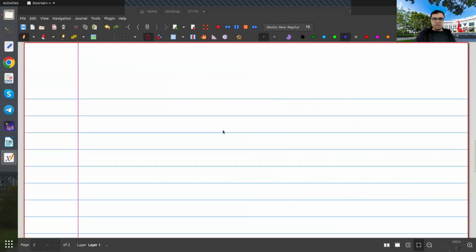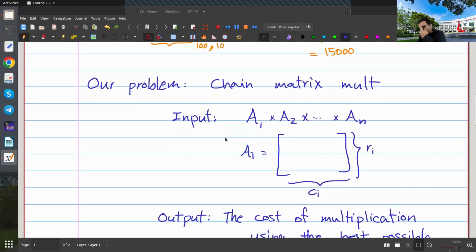So the dynamic programming that we're going to do is actually very similar to what we saw in the previous session. I'm going to say, suppose that I want to multiply A(i+1) to Aj. What is the minimum cost to do this? And I'm going to save that as a subproblem.